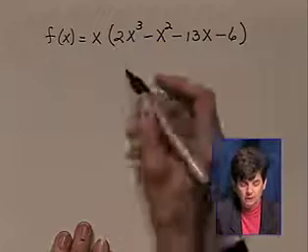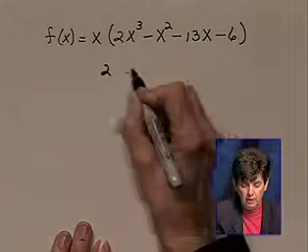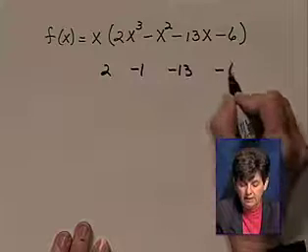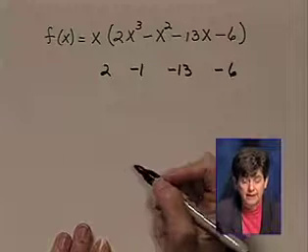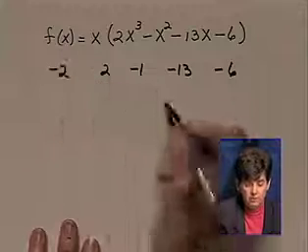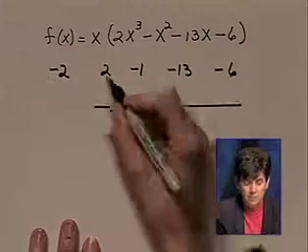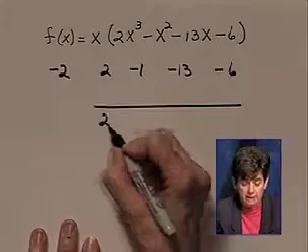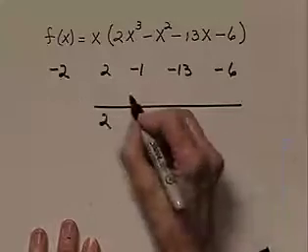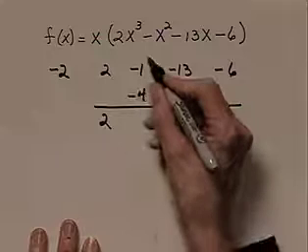The coefficients here are 2, -1, -13, -6, and c equals -2 was our 0. So we'll bring down our first coefficient 2, multiply by -2, and we get -4.